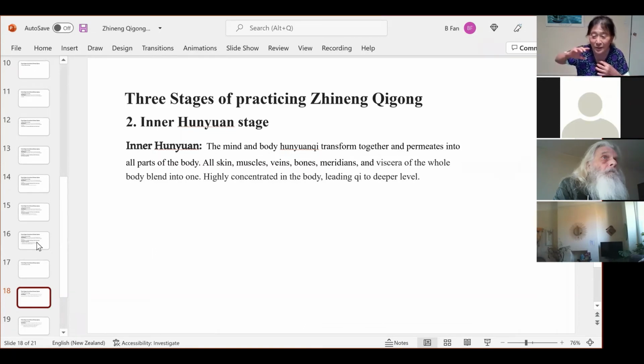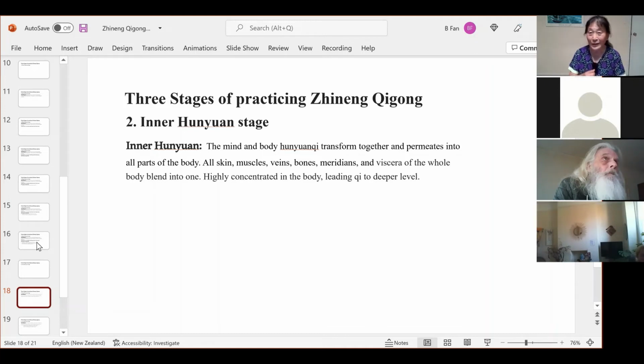Outer Huayan is your mind and your Qi transforming with outside Qi and coming back. Inner Huayan is just inside your body. The Qi moves inside and improves inside. So inside working, that's inner Huayan.